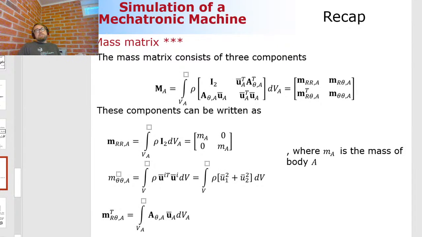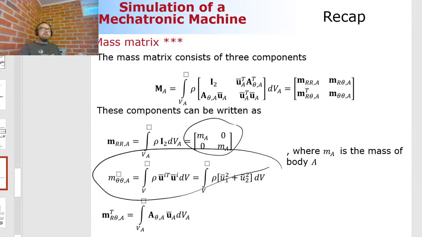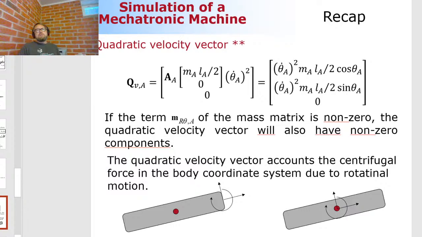Mass matrix consists of three components, which is the one associated to translation, one associated to rotation, and one that couples the rotation and translation. This one here is typically equal to 0, and it is equal to 0 if the body reference coordinate system is located in the center of the mass. Quadratic velocity vector, 2 stars only.